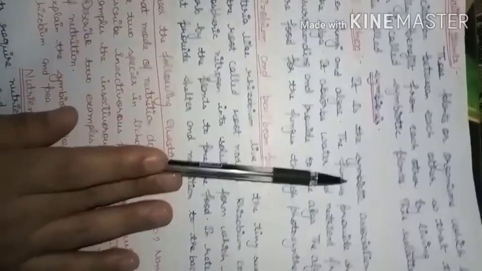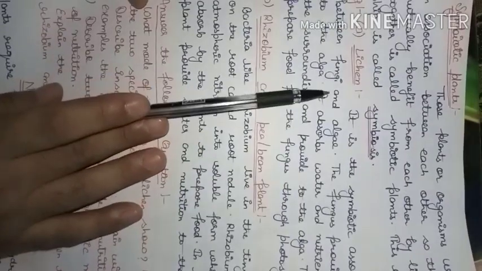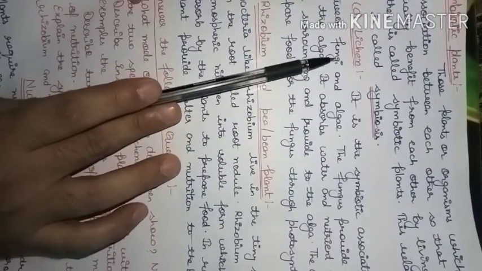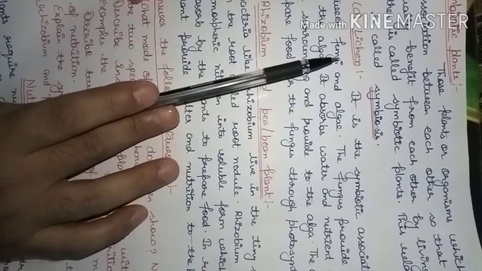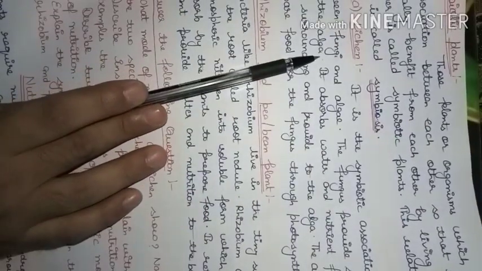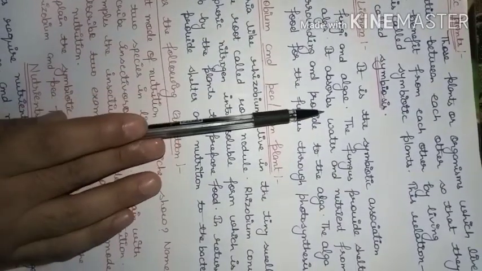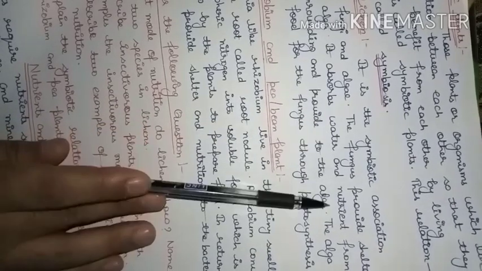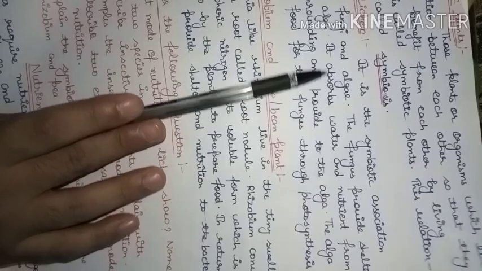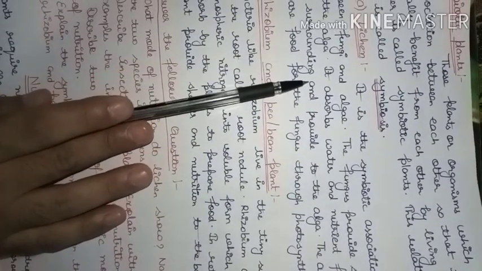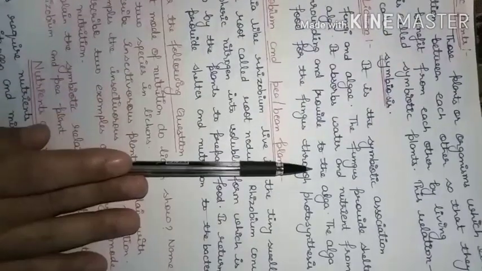So it is a symbiotic association between the fungi and the algae. In this lichen there are two species which live in association. One is fungi, another one is algae. The fungus provides the shelter and water to the algae, and in return the alga is of green color. The algae absorb the water and nutrients from the fungus, and also take the sunlight and carbon dioxide, and by that the algae prepare the food.